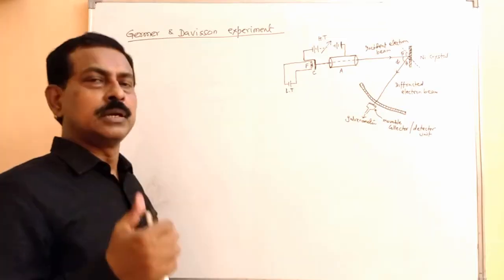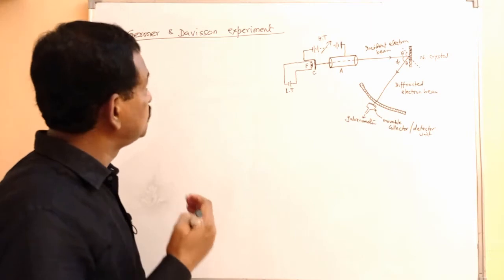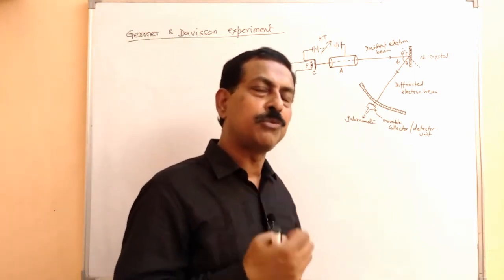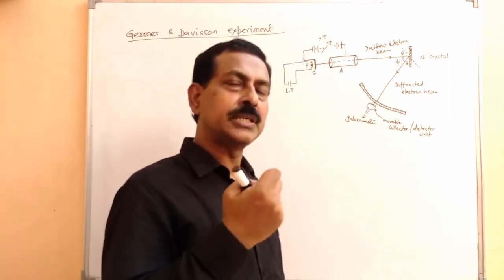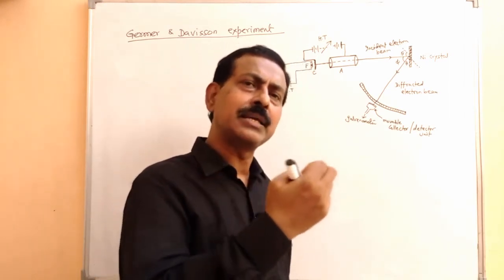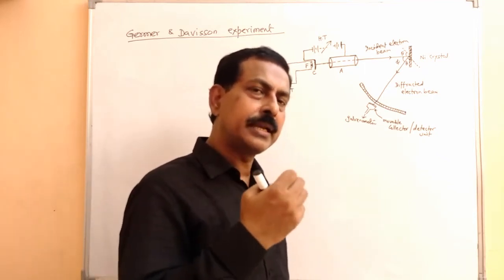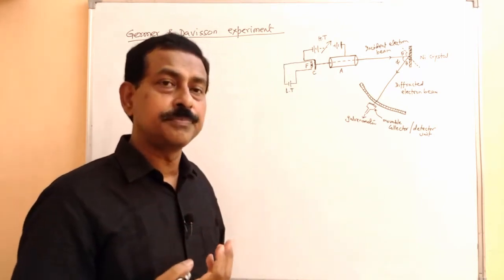This is the experimental setup of the Davisson and Germer experiment. Basically they performed the experiment to detect the wave associated with moving particles like electrons. They tried to see whether there is any wave associated with a material particle or not.